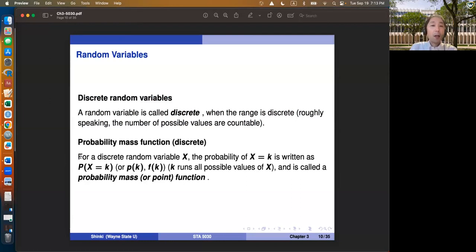For discrete random variables, we can just make a table of probabilities. That is called the probability mass function. The probability that X is equal to K is denoted P of K, sometimes F of K, and this is called the probability mass function.